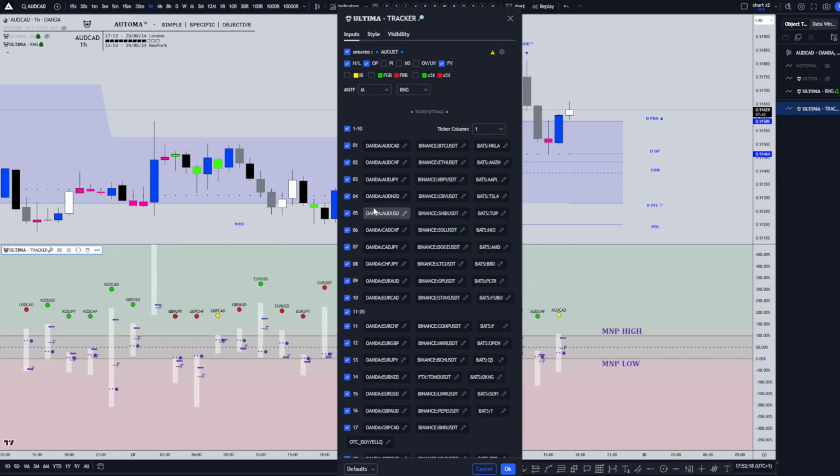If you're using Forex, track and screen it on the Forex pairs instead of, say, viewing Bitcoin on Forex or Forex pairs on Bitcoin, because candle times change at different times, so that will skew the data and cause some errors. So basically it's not for backtesting, it's just for live data screening.